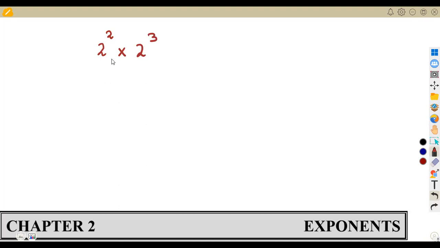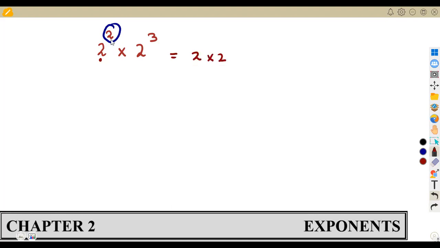I want you to see what is happening. It is a situation whereby 2 is multiplying itself 2 times. We want to go back to the original format, then we go back to the laws. This is the 2 that we are talking about. So this 2 here is going to multiply itself 2 times, so it is going to be given as 2 times 2.